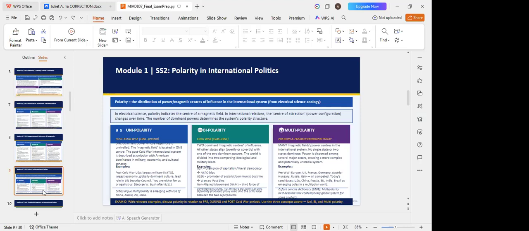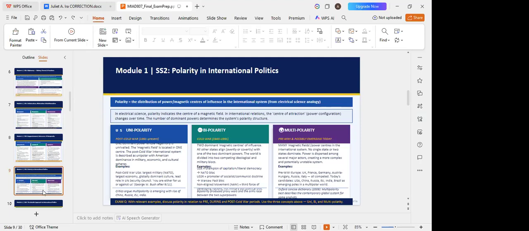So what I want you to understand is that with bipolarity, just say bi, it means two. So when two powerful countries dominate the international system, the feasible example you can give is the USA and the USSR during the Cold War.